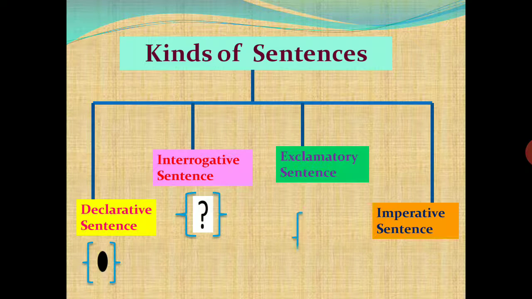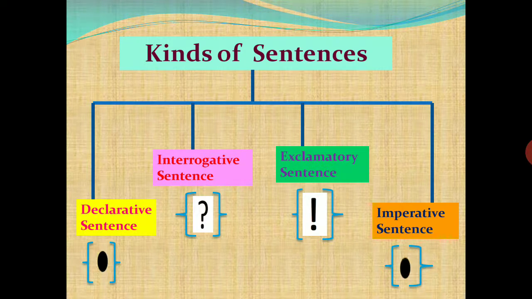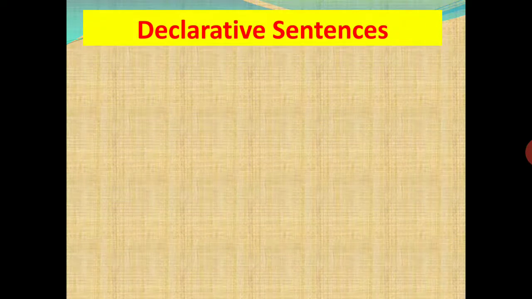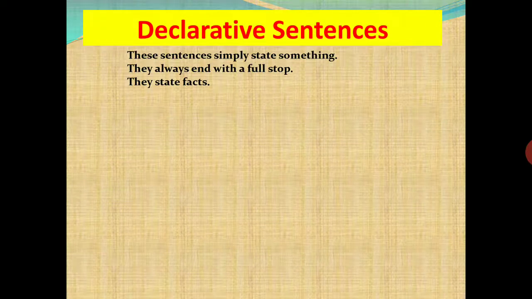In an exclamatory sentence, we make use of an exclamation mark, and in an imperative sentence, we make use of a full stop. There are four kinds, but there are three punctuation marks which will help us to identify the kinds of sentence.